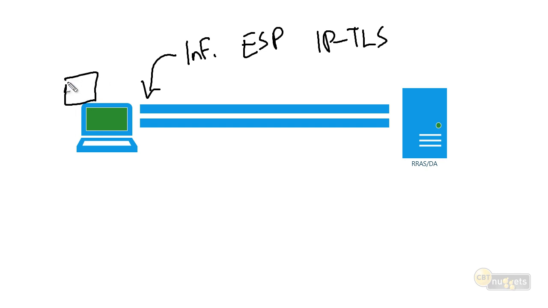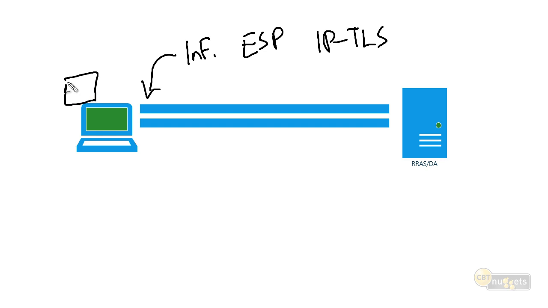Now that tunnel again gets you access to your DNS server, your domain controller. It allows the computer to download group policy objects, that's important, and it allows the computer to request authentication, here's the tricky bit, on behalf of the user, because the whole point of this is we don't want DirectAccess popping up an authentication dialog for the user.